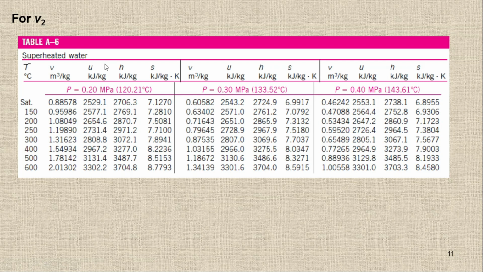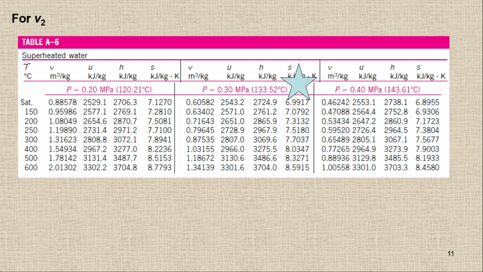The superheated table is different from the saturated table. Here you will see different blocks against each pressure. Right now we have 300 kilopascal, so we are using this block, because this is 300 kilopascal or 0.3 megapascal.